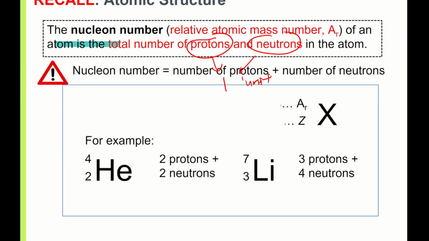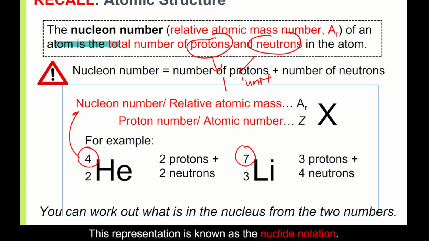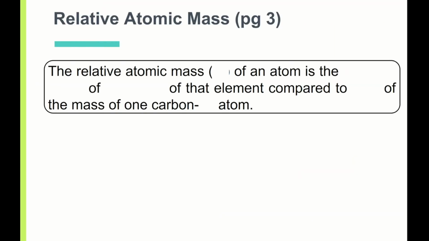In your periodic table, the bigger number will always be the relative atomic mass of the atom. So this 7 is the relative atomic mass for lithium, and this 4 is the relative atomic mass for helium.